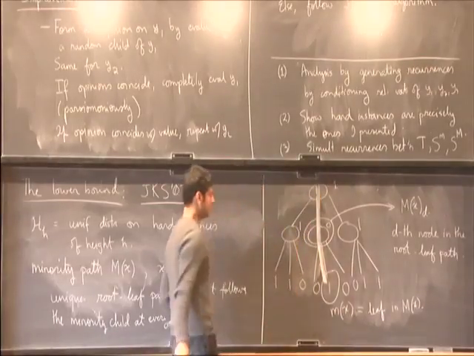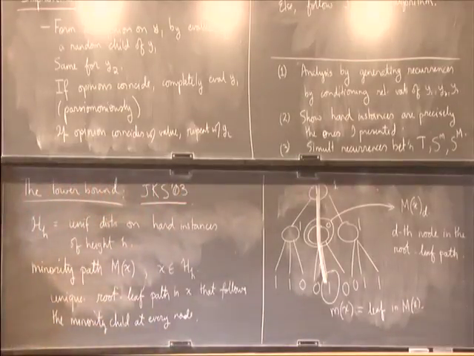So the d plus 1th minority child in the minority path, and then you're looking at the number of descendants of that are queried. So this is how the first term in this recurrence arises.